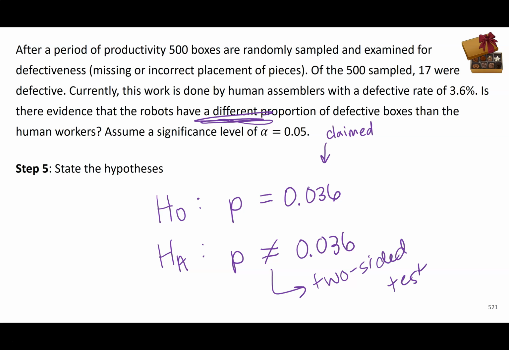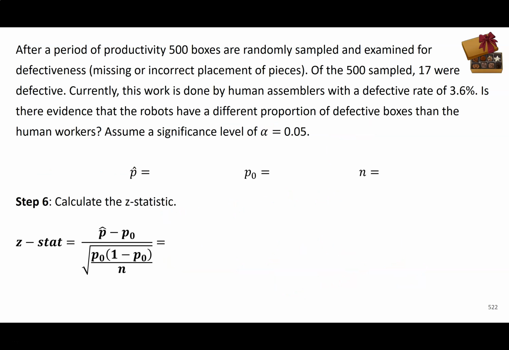So that means when we find our one-sided p-value, we're going to multiply by 2. So just filling out here, 0.034 of our 500 boxes were defective. So that's our sample. 0.036 is the claim. So I have everything I need to plug in.